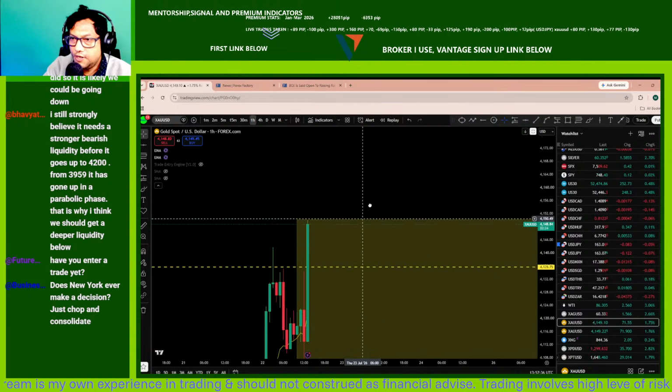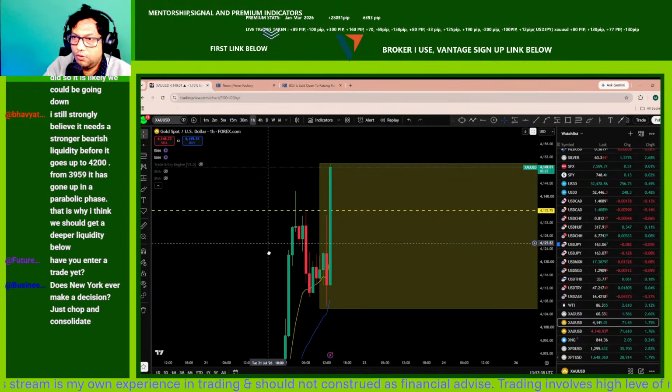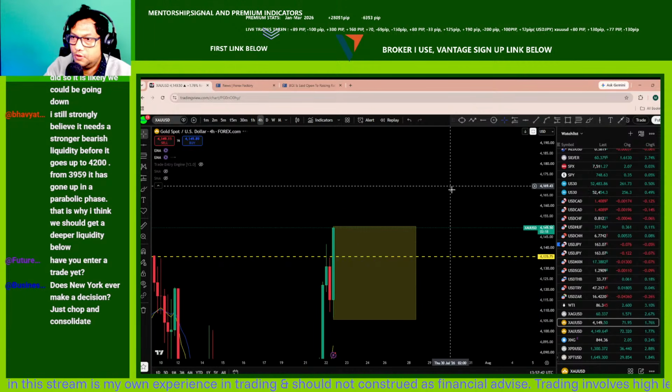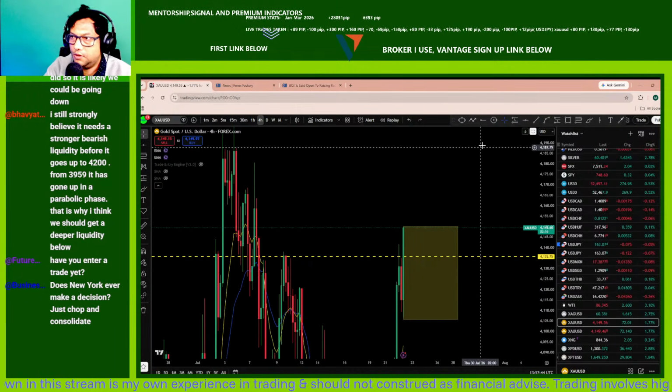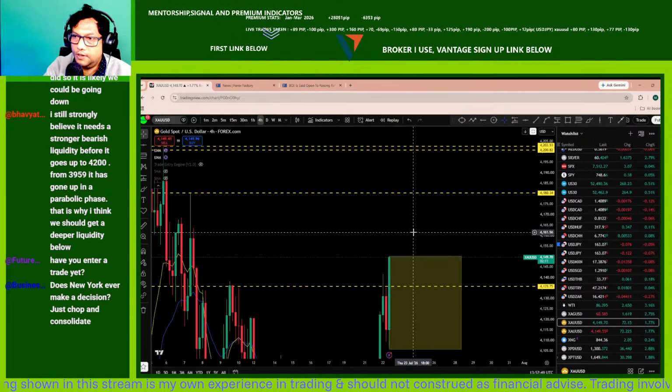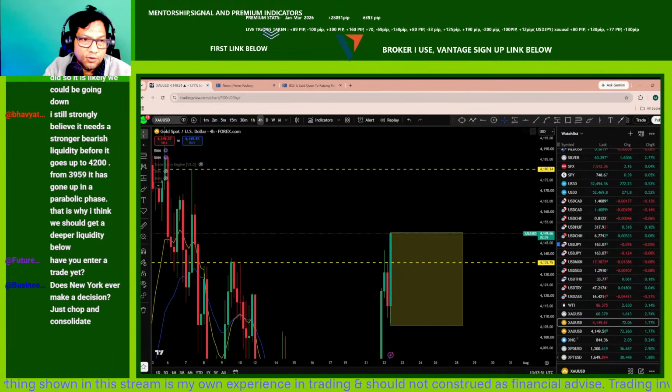Okay, so with a very long move along this zone, there is also another long wick here. I think there is a lot of imbalance along this area that you can see.